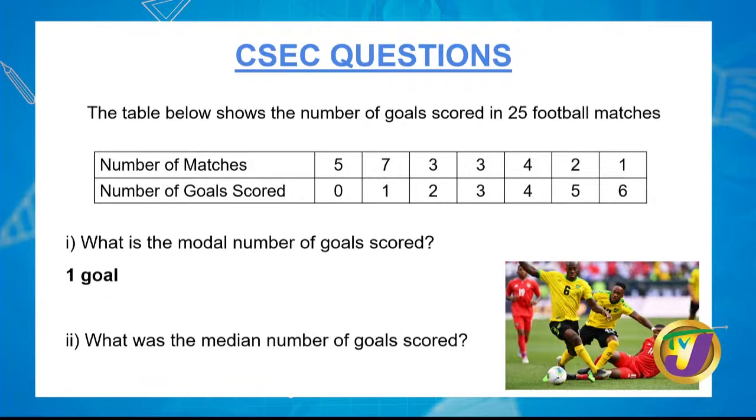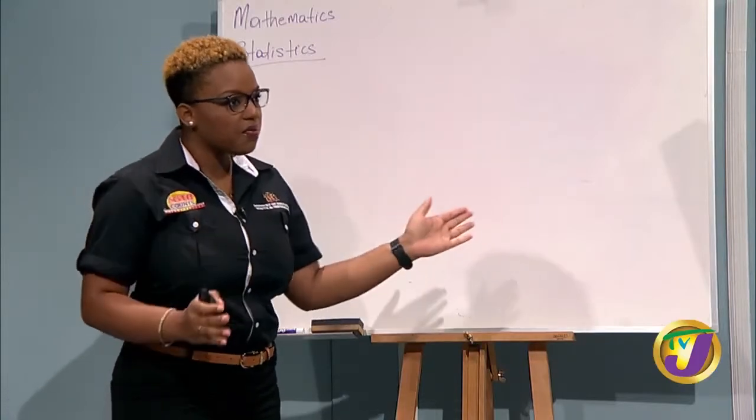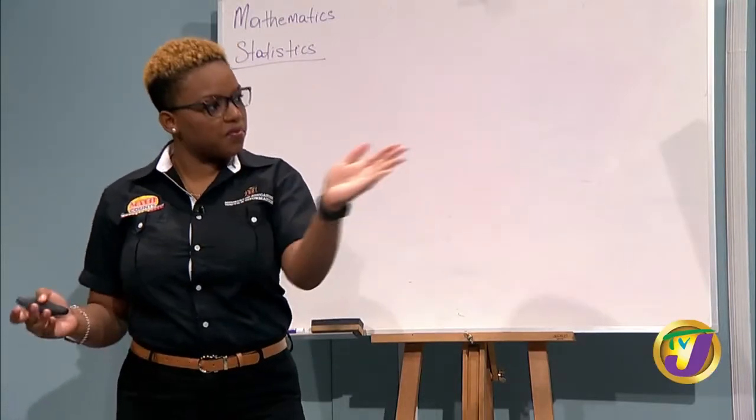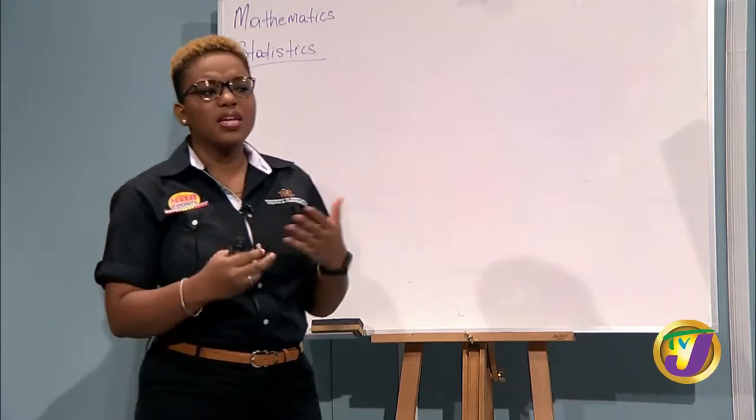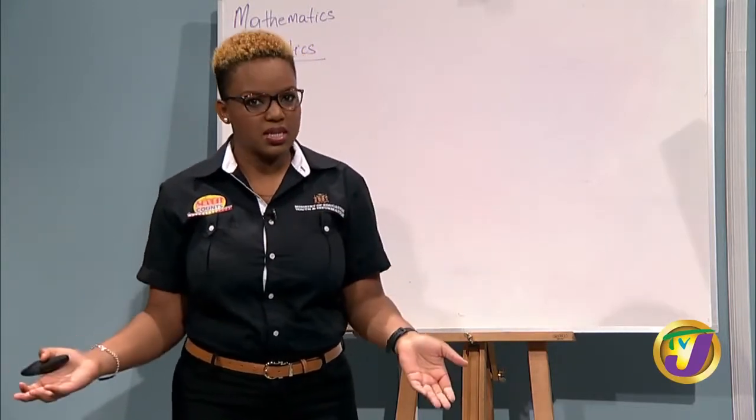What was the median number of goals scored? We spoke earlier about listing out all of the values in the data. But if we have the data already organized in a frequency table, we don't need to list it out.